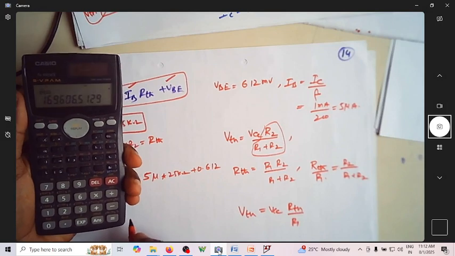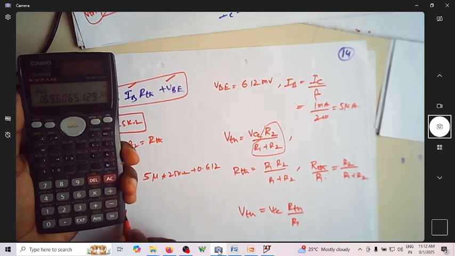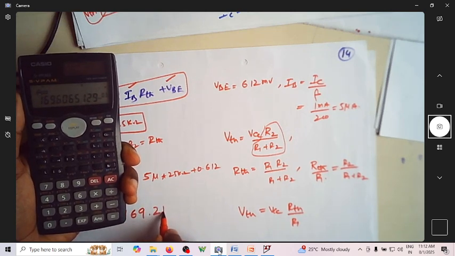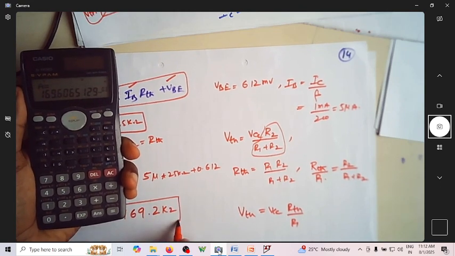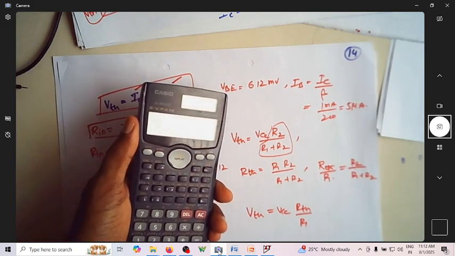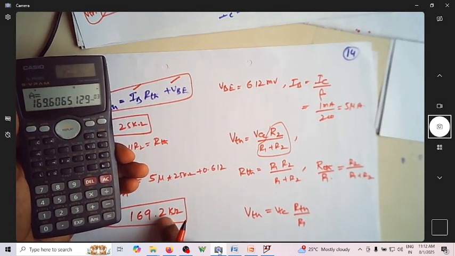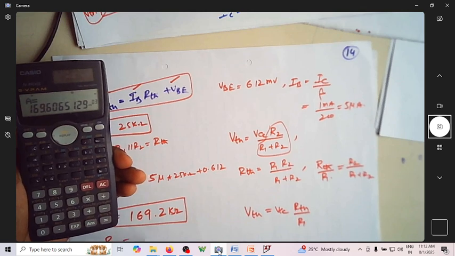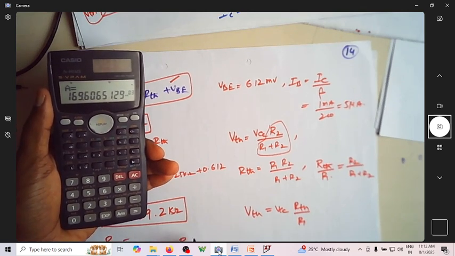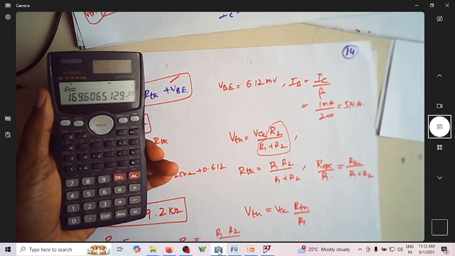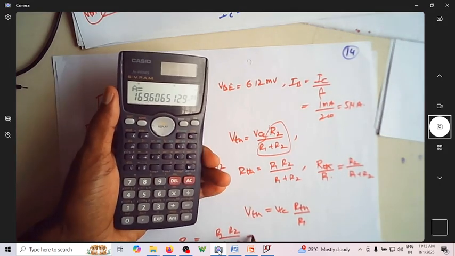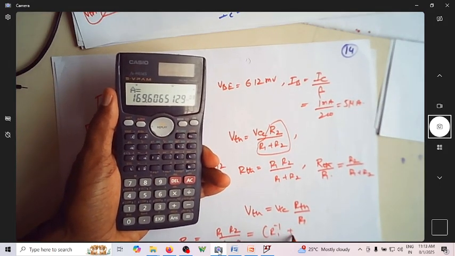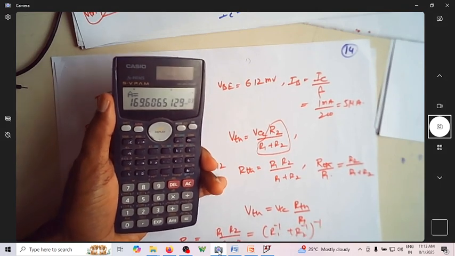Sorry, R1. So R1 is coming out to be 169.2 kilo ohm. So now what is the value of R2? We know that R Thevenin is equal to R1 R2 by R1 plus R2, that is R1 inverse plus R2 inverse whole inverse.